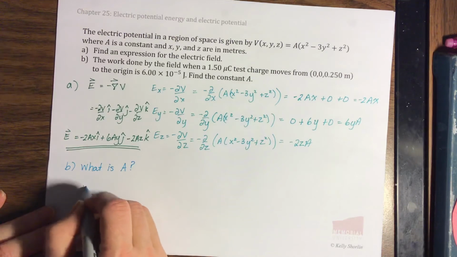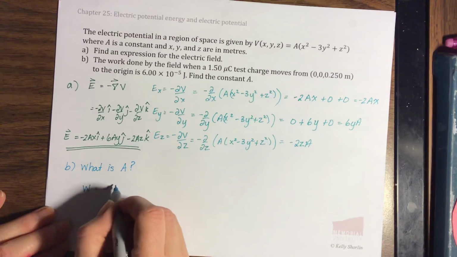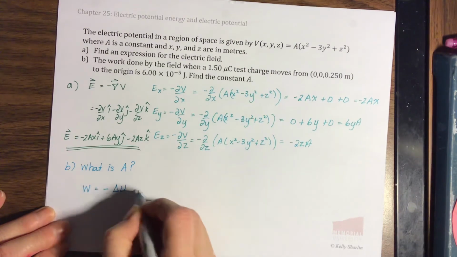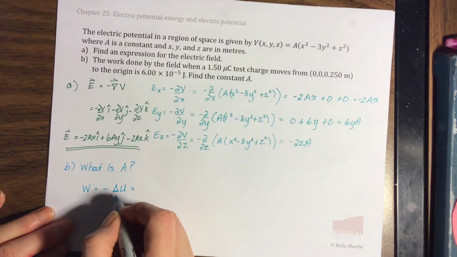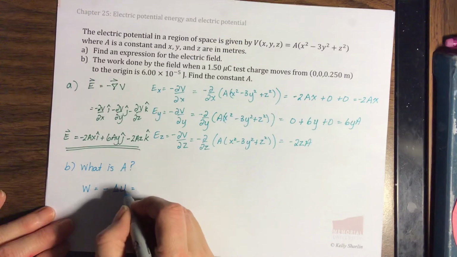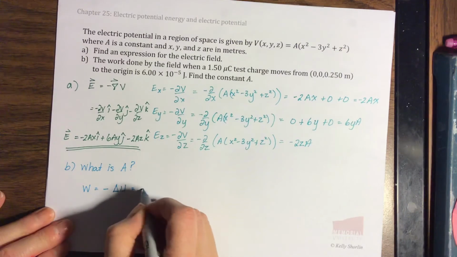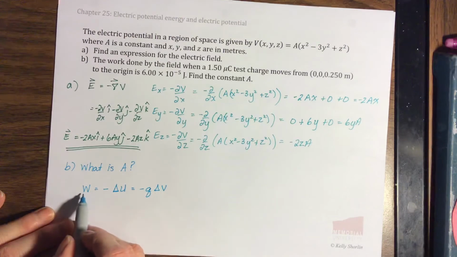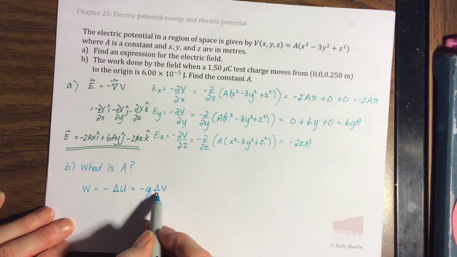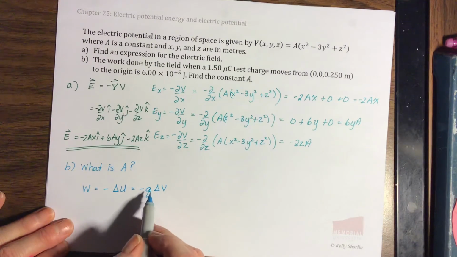So we know that work is minus the change in potential energy. Since we have charges moving around, this is electric potential energy. And we know that electric potential energy is Q times V. So we can relate the work done on our charge to the change in potential and the charge itself.